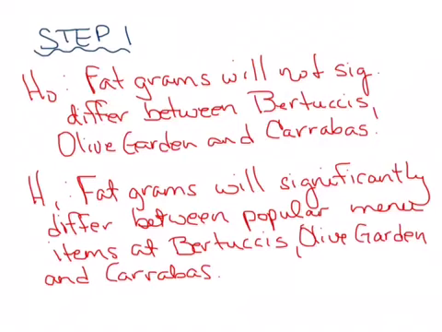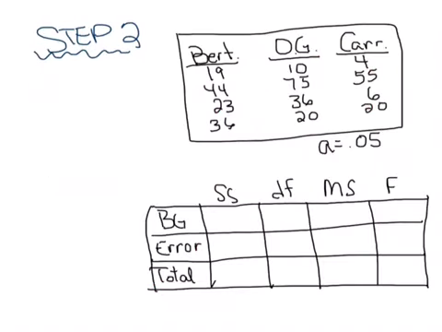So we're going to move forward to step 2. As you can see, I abbreviated our 3 groups, Bertucci's, Olive Garden, and Carrabba's. We're going to locate our critical boundary for part of step 2. I immediately start calculating my degrees of freedom for the ANOVA table, so that at least we can have that done.